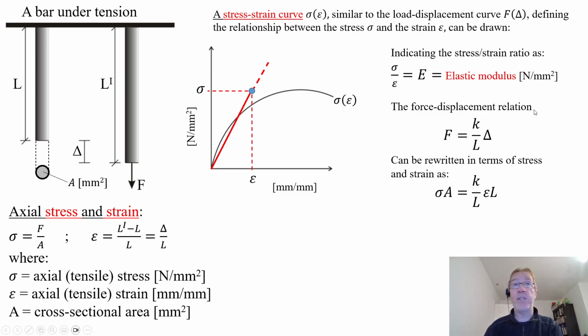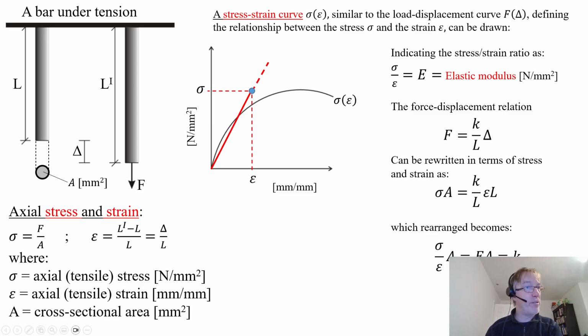The force displacement ratio, you saw that before, equation 1, can be rewritten in terms of stress and strain as stress times A, or the area, equals K divided by L, strain times L. So that's how it can be rewritten, which can be rearranged to become K equals EA, modulus of elasticity multiplied by the area.